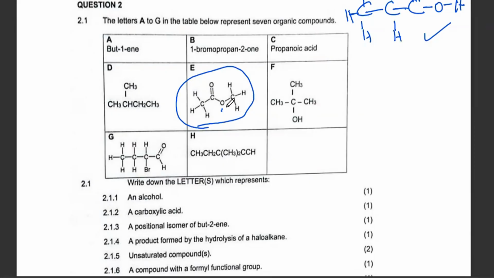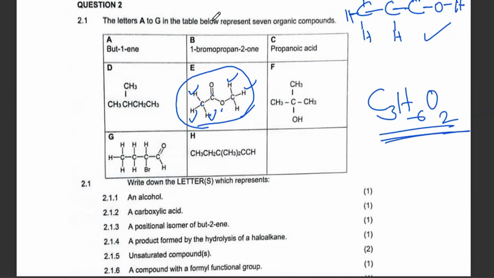So it's the same thing. So it's going to be 1, 2, 3, and then 1, 2, 3, 4, 5, 6, and then 2 hydrogens. Yes, so that becomes the molecular formula for that.